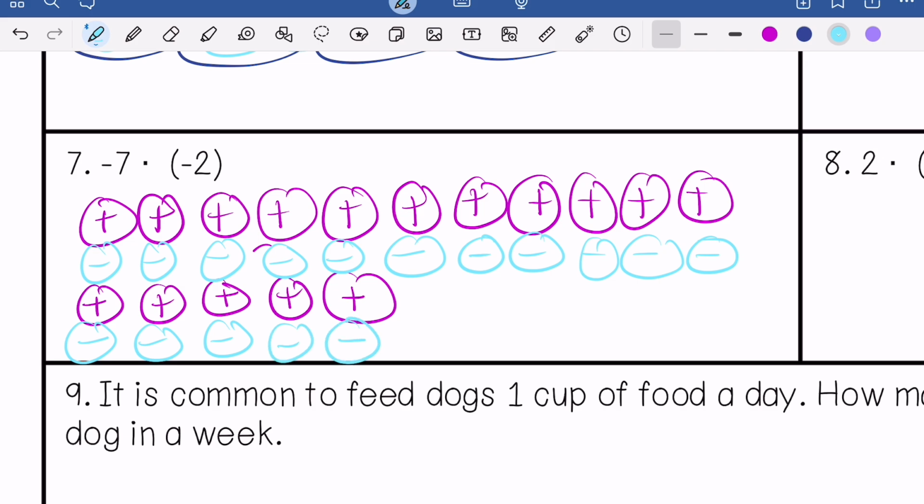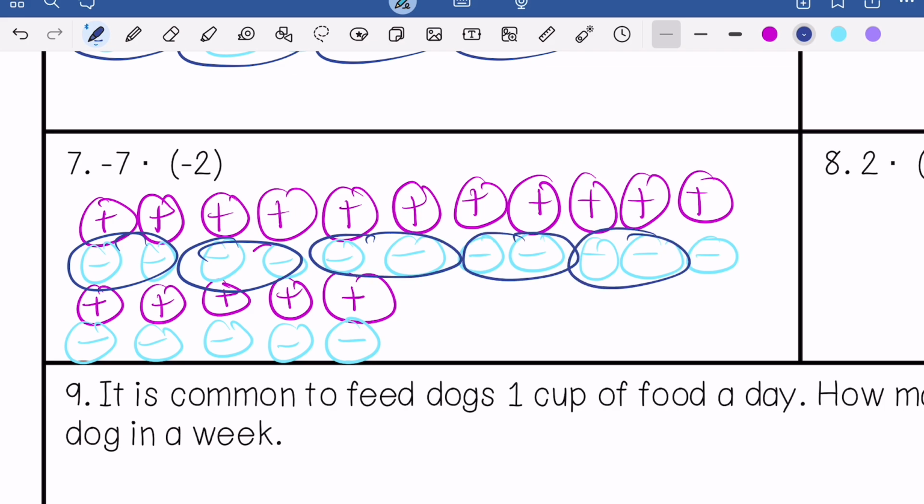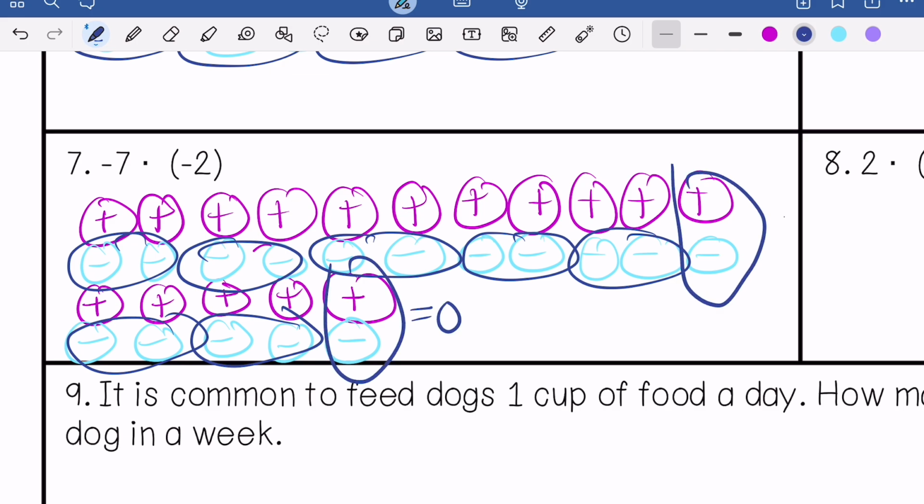All right, so I'm going to take away 7 groups of -2. 1, 2, 3, 4, 5, 6, 7. And then I know that this equals 0. This equals 0. So then I have +14.